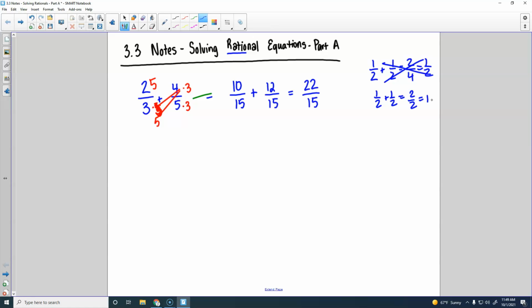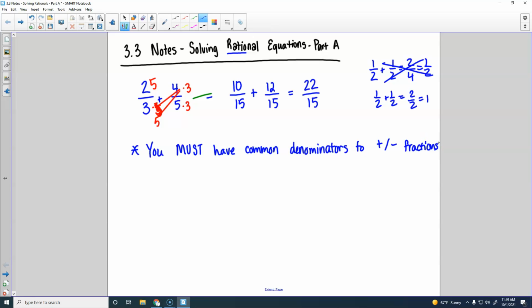Subtracting is the same thing. You must have common denominators. So you might even want to make yourself a note. You must have common denominators to add or subtract fractions.